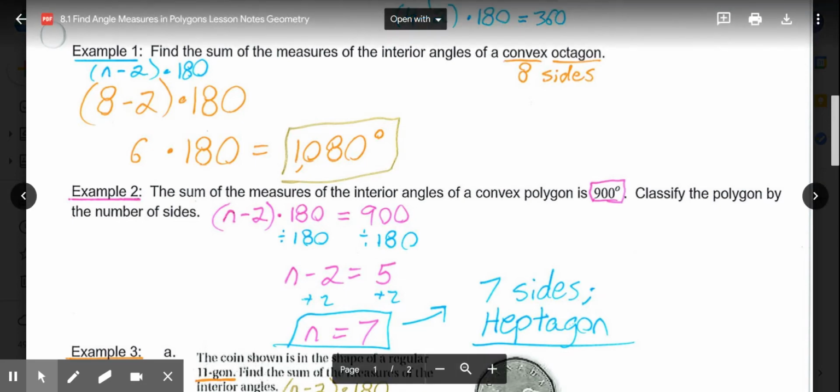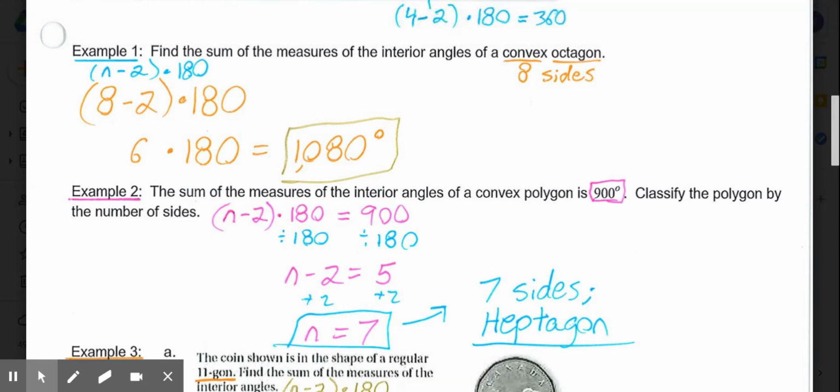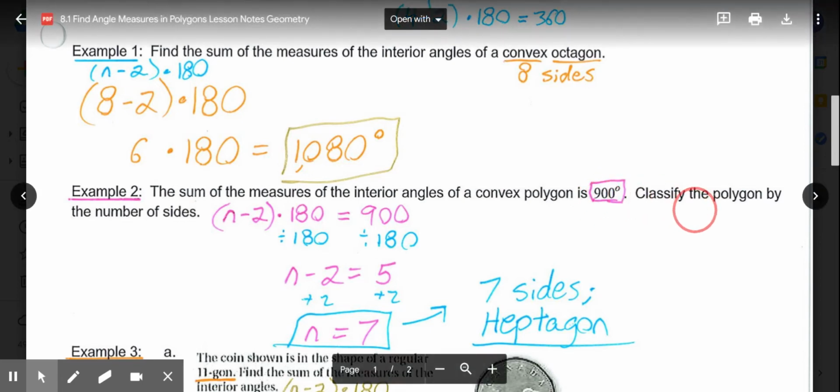In example 2, it says the sum of the measures of the interior angles of a convex polygon is 900 degrees. So they're giving us the total angle measure. Now they want us to use that information to classify the polygon by its number of sides.